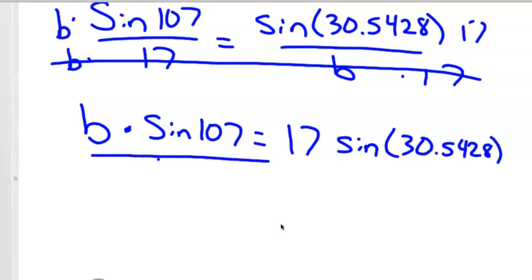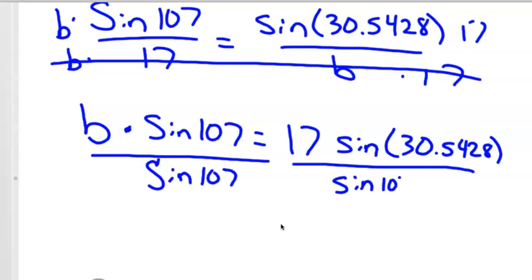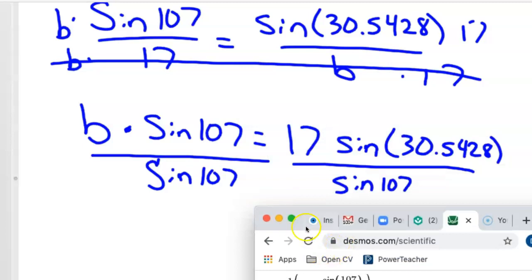And then we would want to divide by sine of 107, since we're trying to get b by itself. I'm going kind of fast because we're towards the end. And again, there's where you start plugging it in. So you'd plug in 17 times sine of 30.5428.